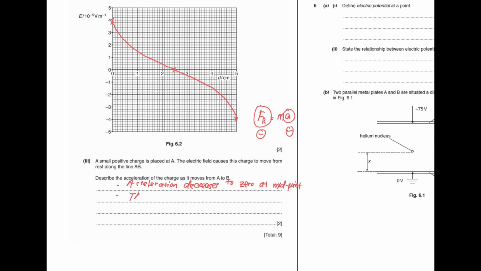Then acceleration increases. In terms of magnitude, it is getting greater and greater, but it is in the opposite direction.